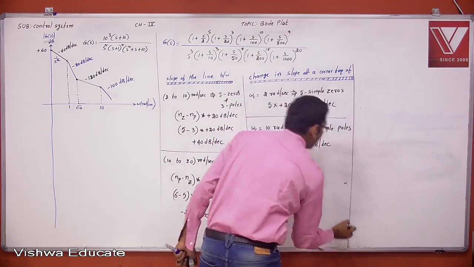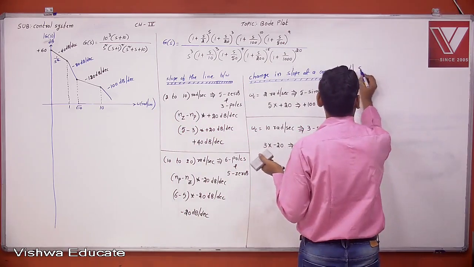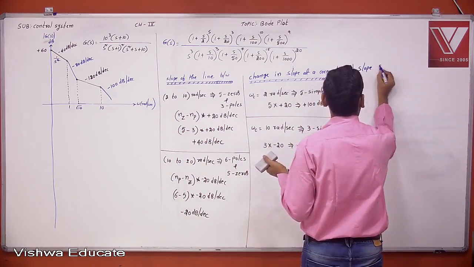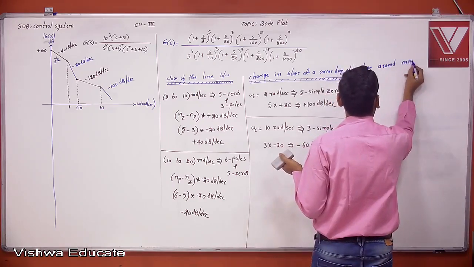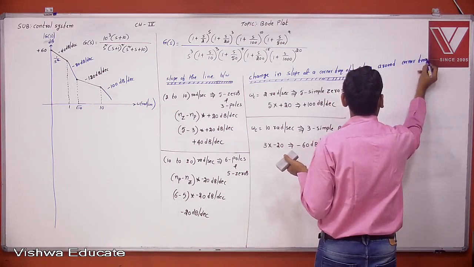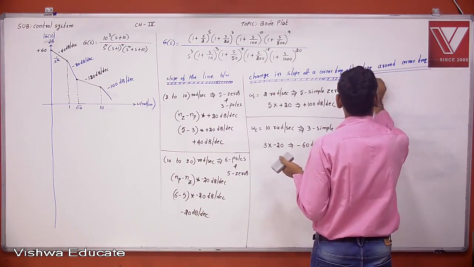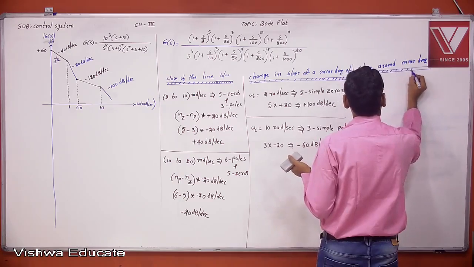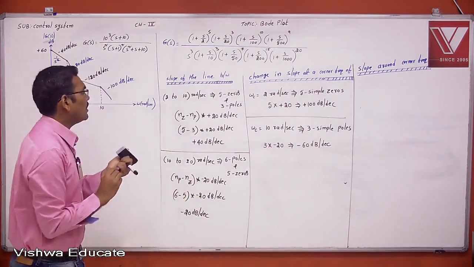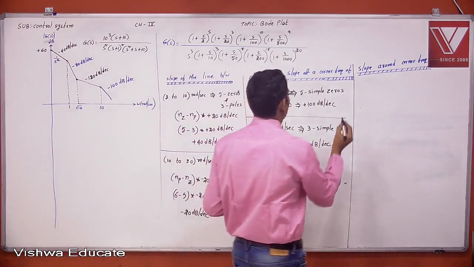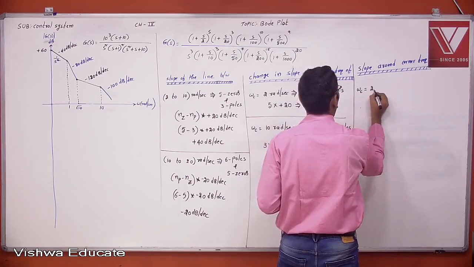You can easily measure. Now one more question: slopes around the corner frequencies. I am not drawing the Bode plot; I will tell you the answers directly. Slopes around the corner frequency of 2 radians per second.